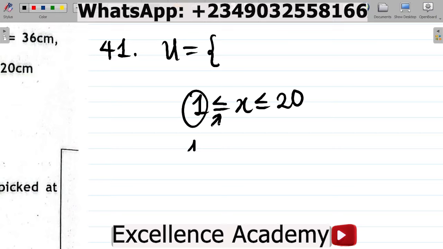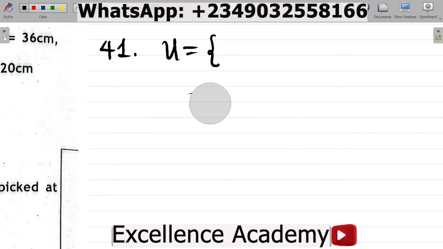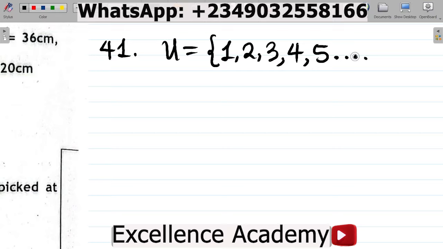So it becomes 1, 2, 3, 4, up till 20. Since we have 20 there, we also include 20. So these are the elements of U, from 1 to 20.